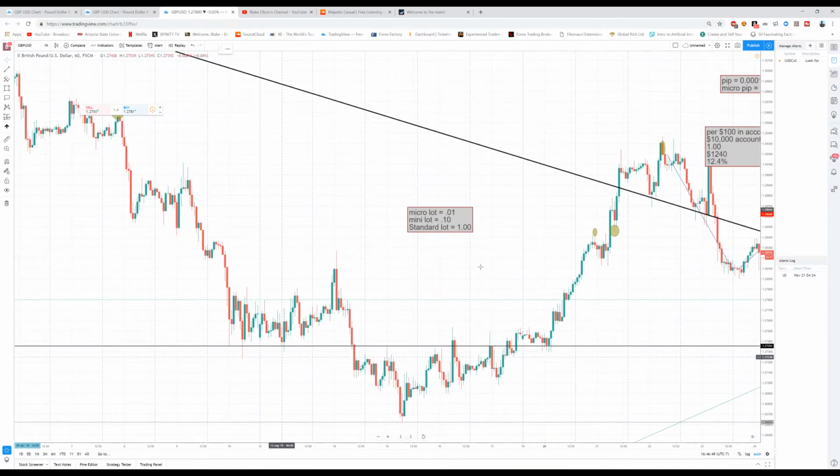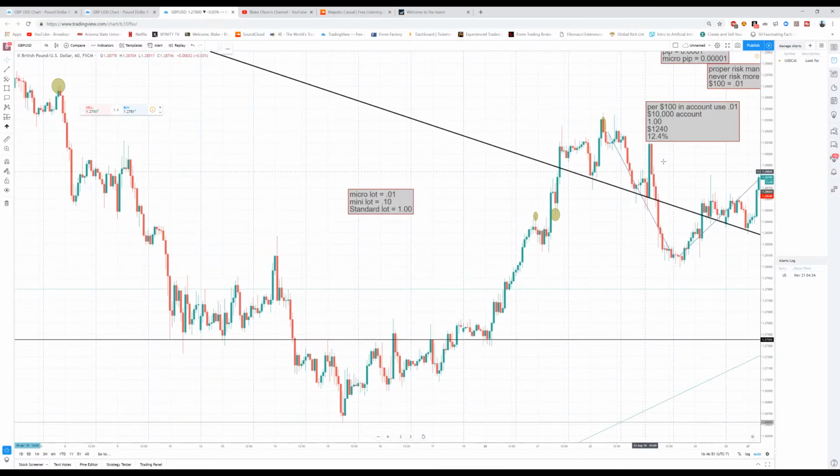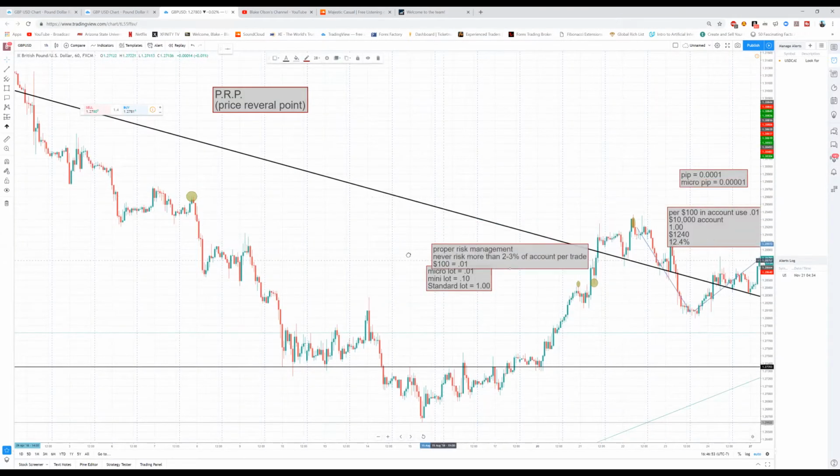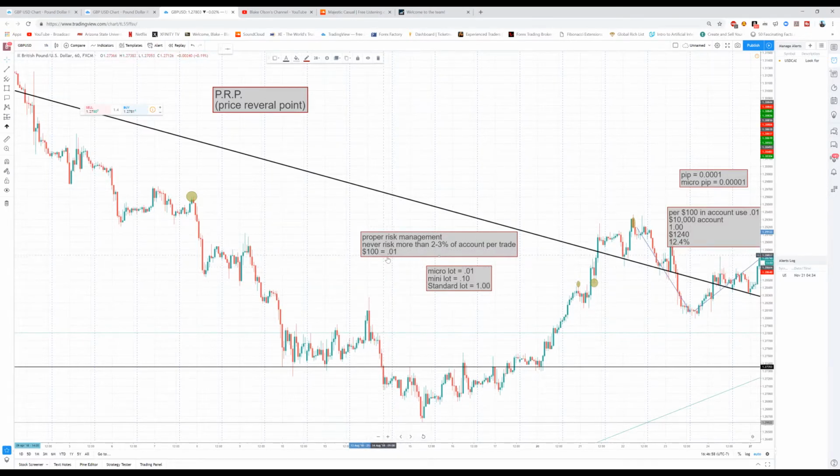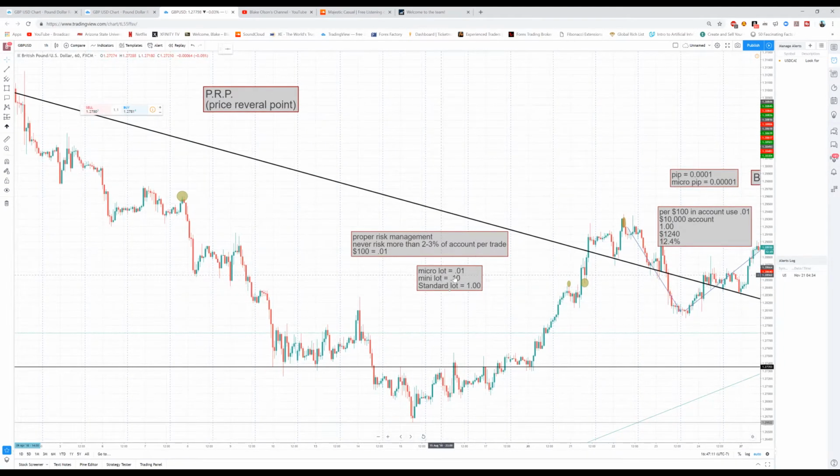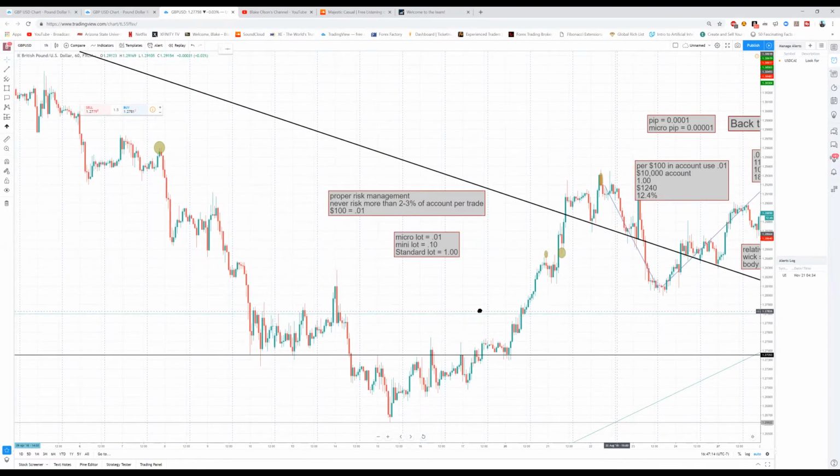If we have $7,000 and we want to use proper risk management, proper risk management is where you're using a 0.01, the smallest possible amount, per $100 in the trade. Well, in this case, you'd be using a 0.70, or 7 mini lots is another way to say that, with a $7,000 account.